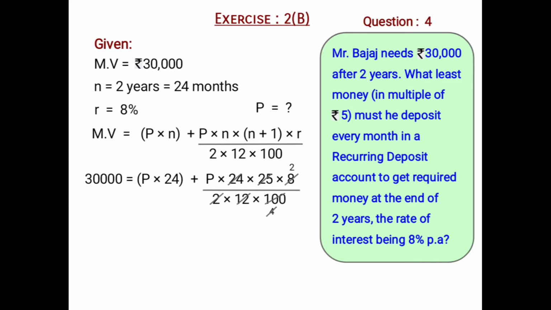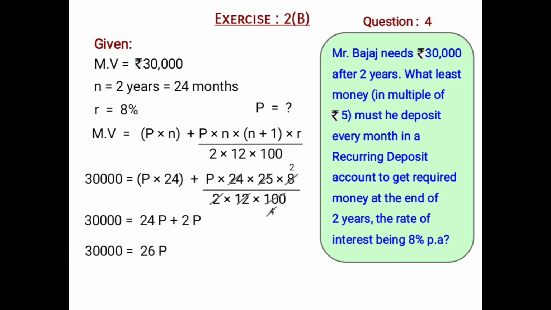On further simplification, we will get 30,000 is equal to 24 into P, 24P plus 2 into P, 2P. Now 2P and 24P are like terms, so I am going to add. 30,000 is equal to 26P.